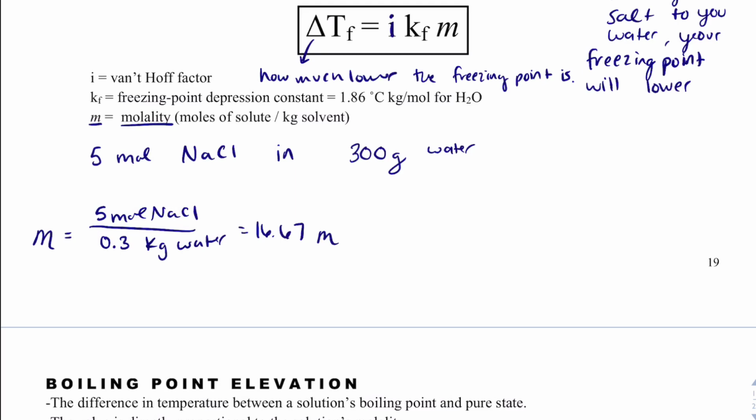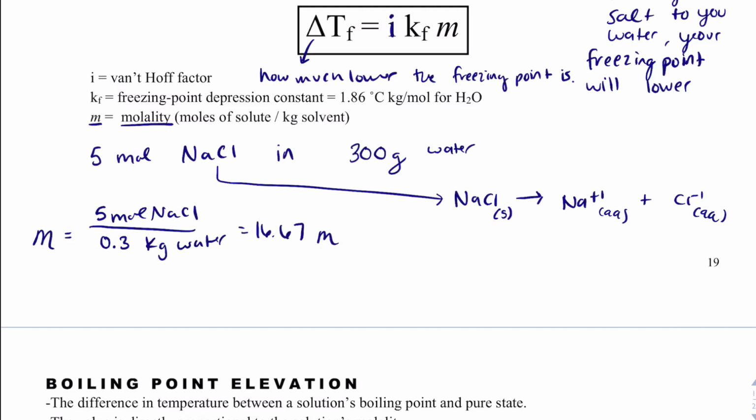Okay, now, the Van't Hoff factor, just as a review, sodium chloride, NaCl, will break apart into sodium ions. You just look at sodium on the periodic table, it'll tell you its charge. Plus chloride ions. Again, look at chlorine on the periodic table and it'll tell you your charge. It's already balanced.